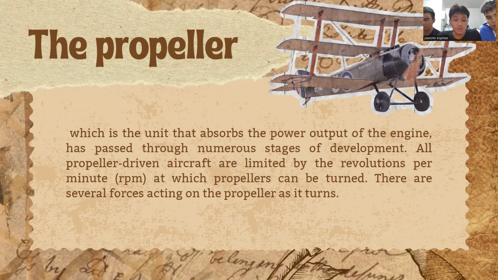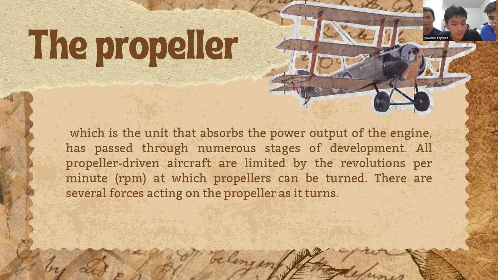The propeller, which is the unit that absorbs the power output of the engine, has passed through numerous stages of development. All propeller-driven aircraft are limited by the revolutions per minute, or RPM, at which propellers can be turned. There are several forces acting on the propeller as it turns.